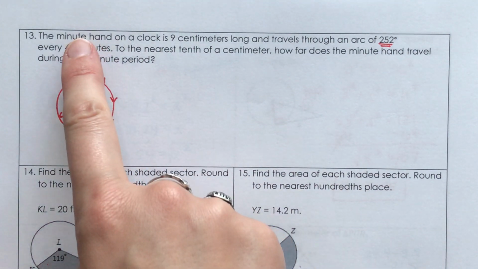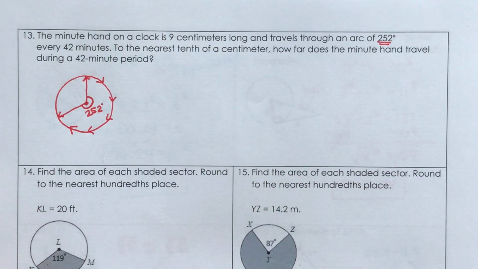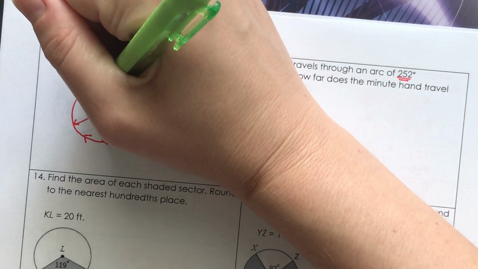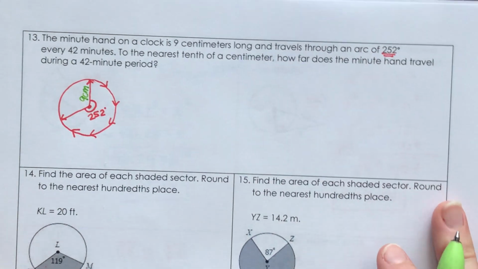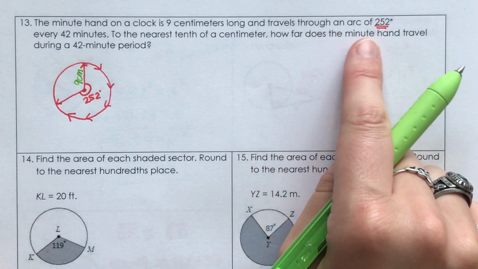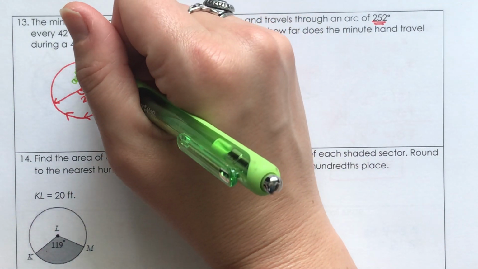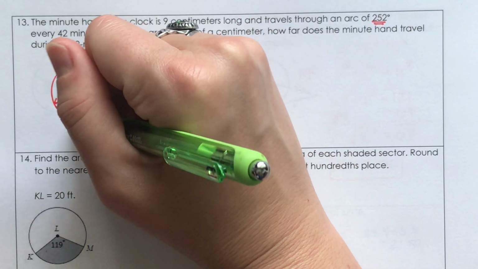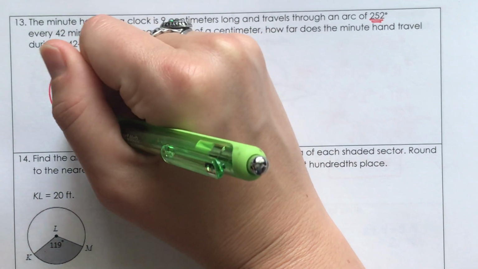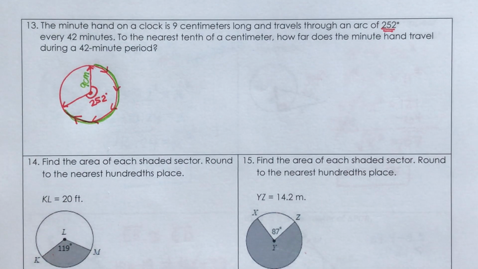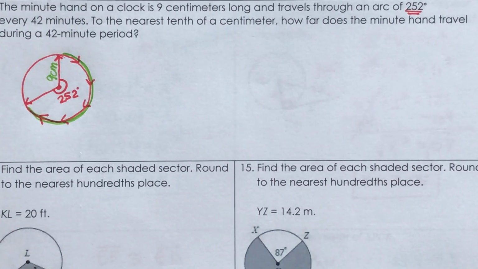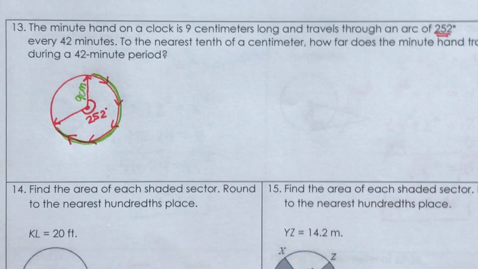It also tells me that the hand is 9 centimeters long. I want to know how far does the minute hand travel during that 42-minute period. So I want to know what is this length right here. And that should be pretty easy to figure out because we already have all the information we need. We just have to plug it into the equation.